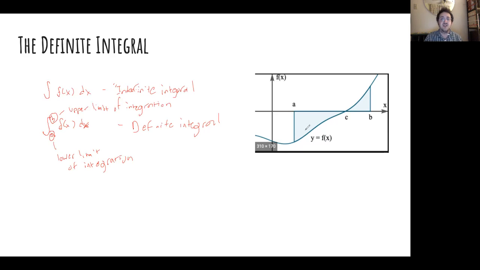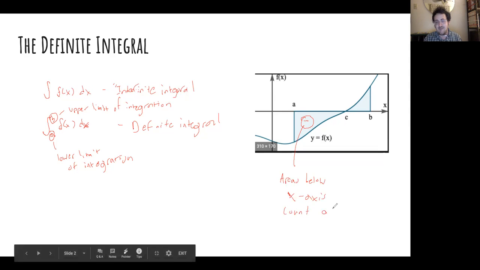A few other things that you should know. Areas that are below the x-axis are negative areas, and areas above count as positive.